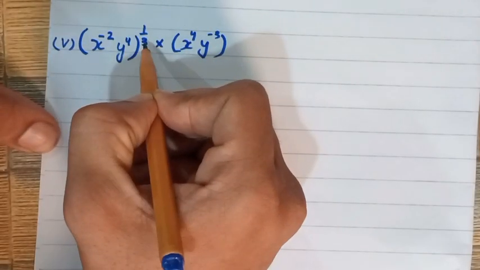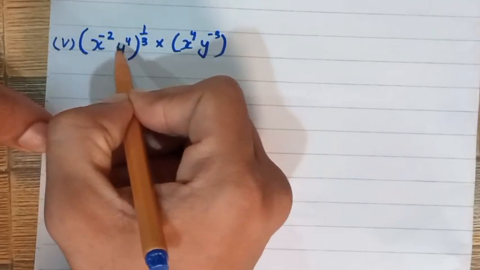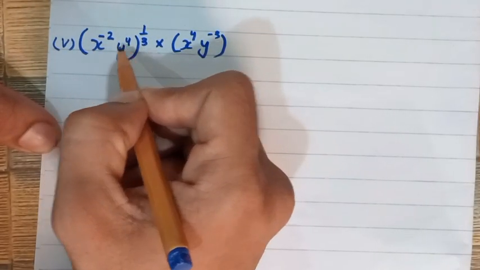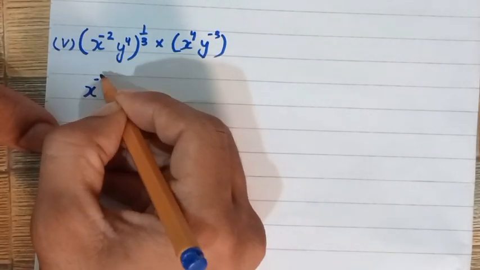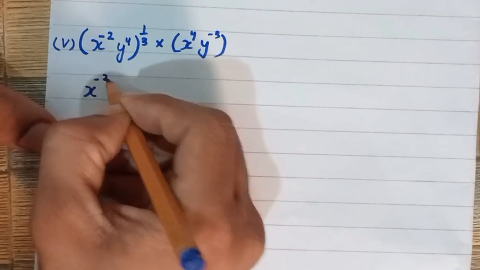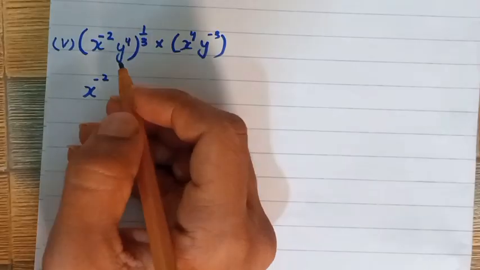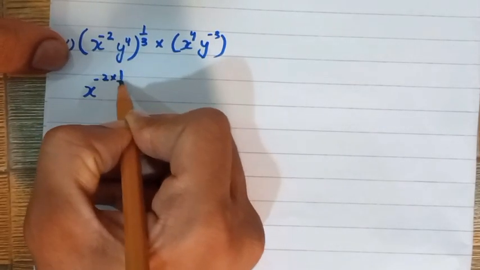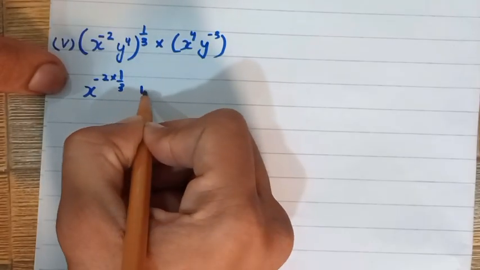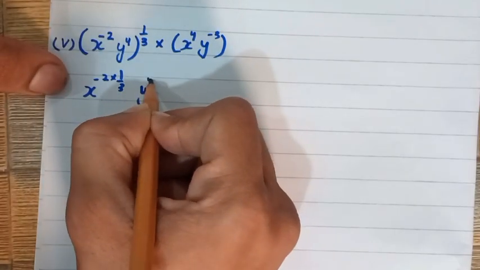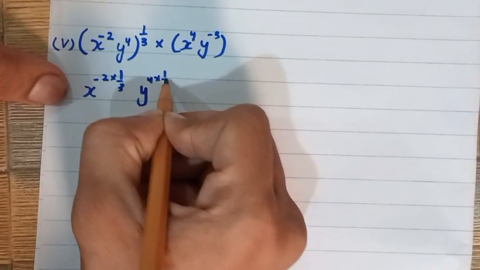First of all, I will multiply this power with the numbers inside, with the bases. With this term, for example, x^-2 multiplied by 1 over 3, and further y^4 multiplied by 1 over 3.